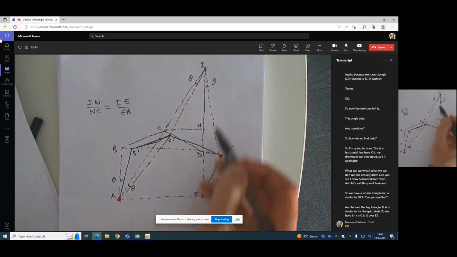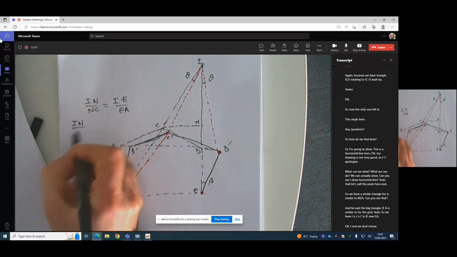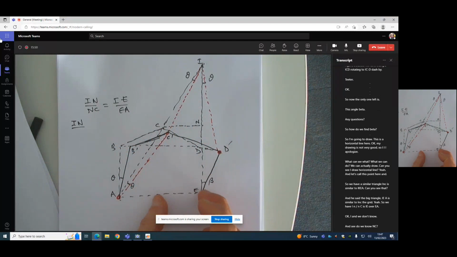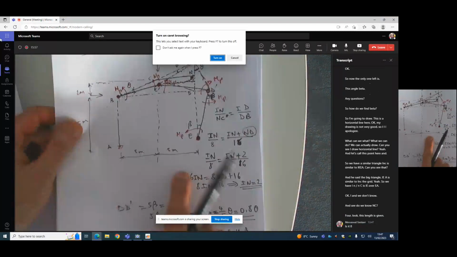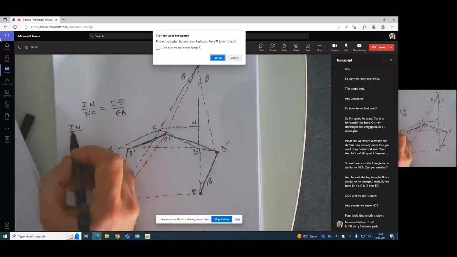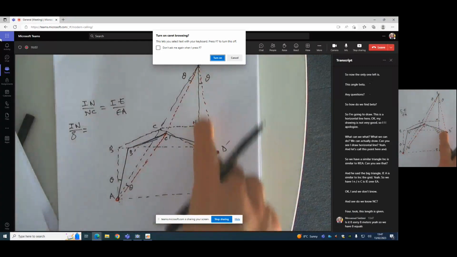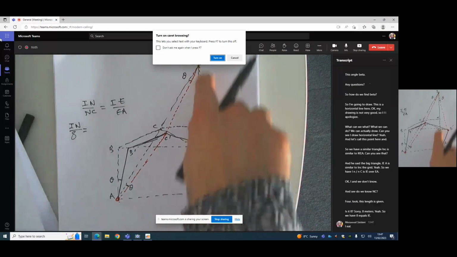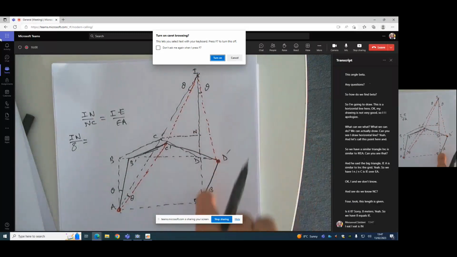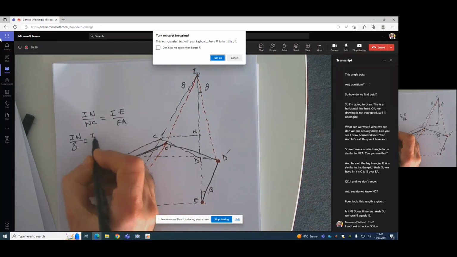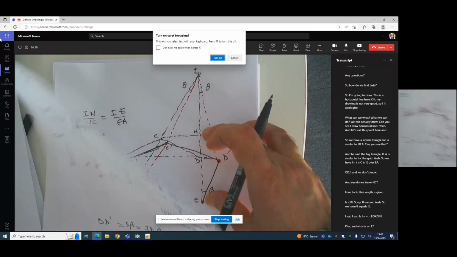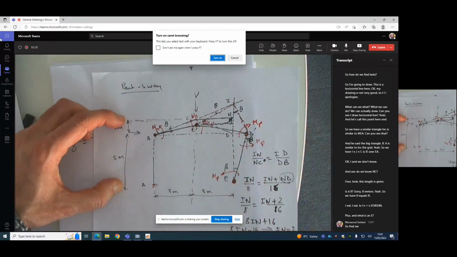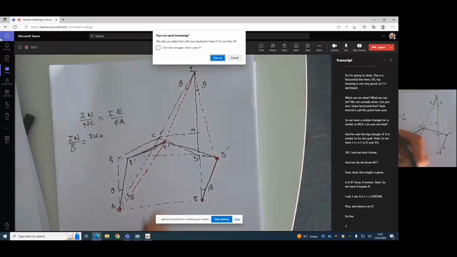Okay. IN, we don't know. NC, do we know NC? Look, this length is given. It's 8 meters. Yeah, so we have IN over 8 equals IE over EA. IE is IN plus NE. What is NE? Seven. Agreed?